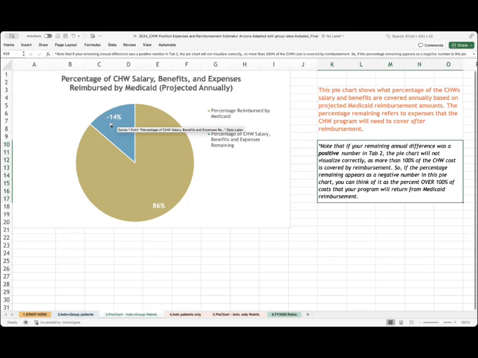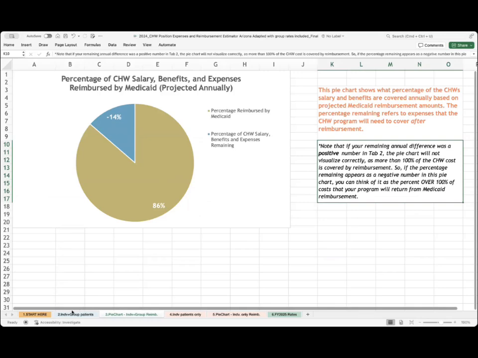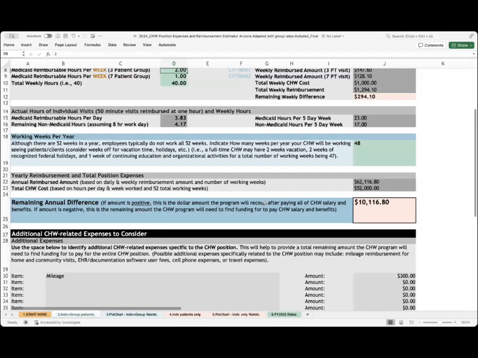And this, why it says negative 14, is that this is the overage beyond 100% of what would be recouped through reimbursement. So this is a note that explains what happens if this is a positive number.